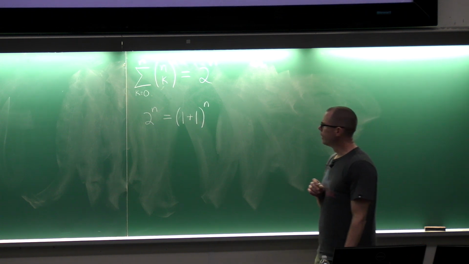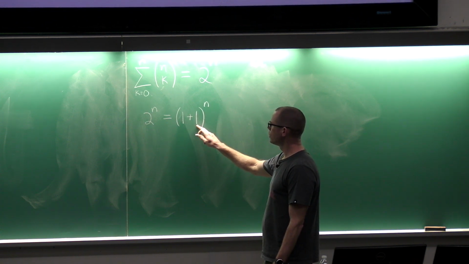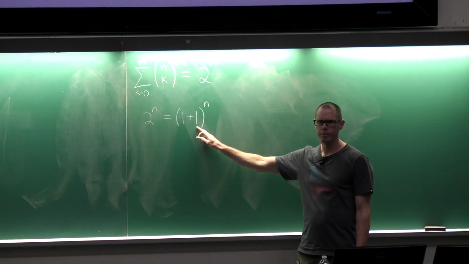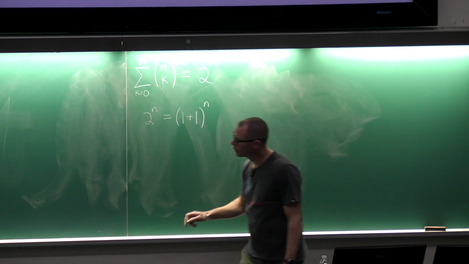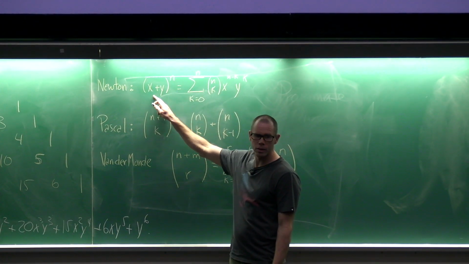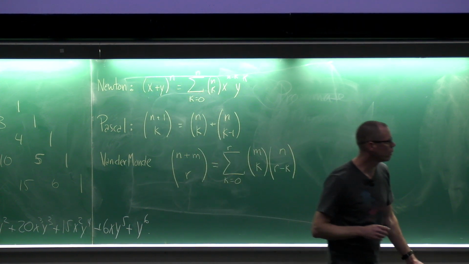Okay. (1 plus 1) to the n. Is there something on the board that lets us handle things like this? Newton tells us how to do this, not just for (1 plus 1) to the n, but for any x and any y. So let's try it on 1 plus 1.